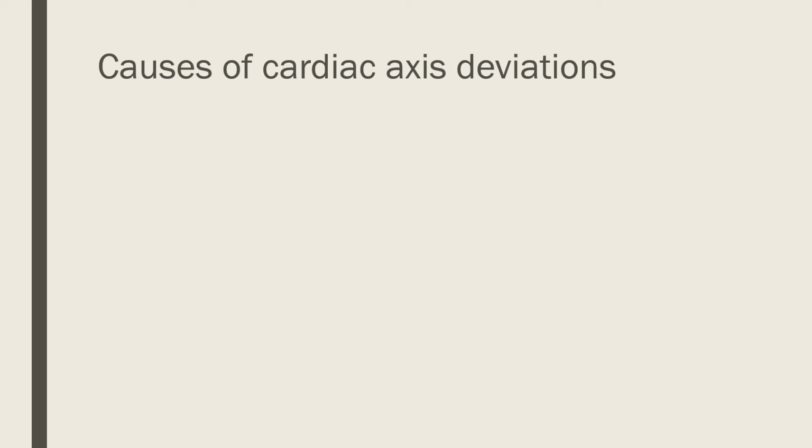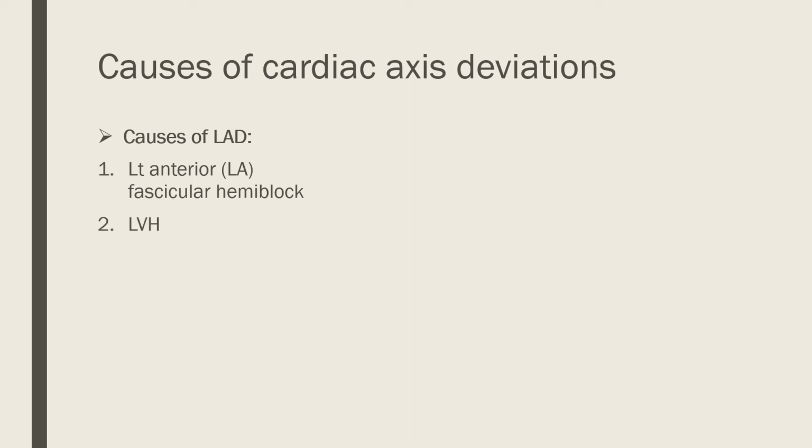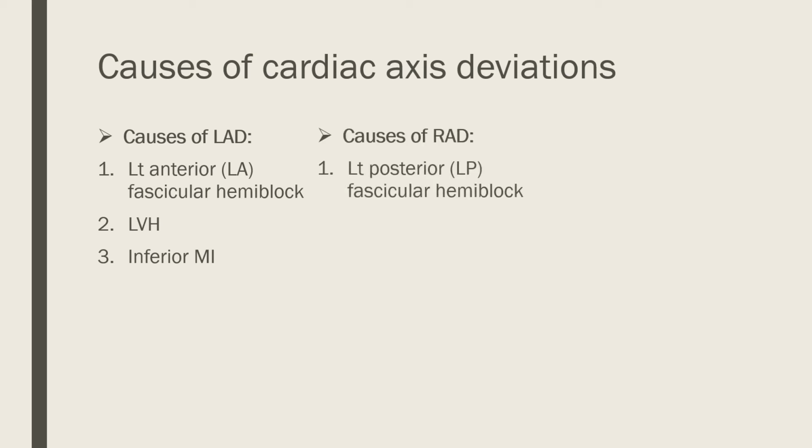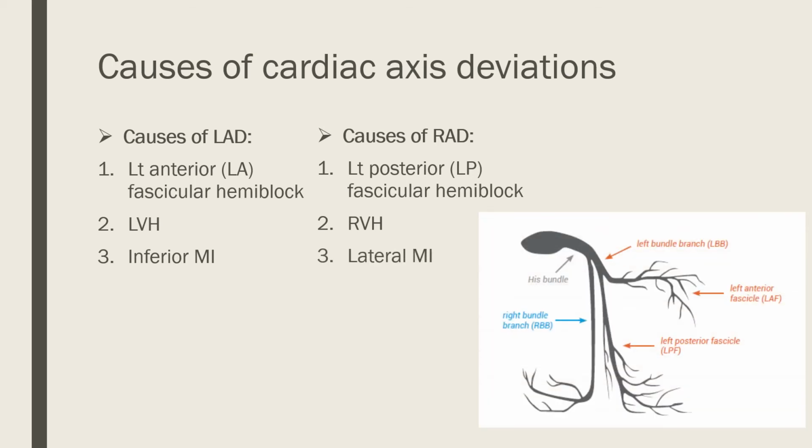So what are the causes of cardiac axis deviation? The causes of left axis deviation are left anterior hemifascicular block, left ventricular hypertrophy, and inferior MI. Causes of right axis deviation are left posterior hemifascicular block, right ventricular hypertrophy, and lateral MI.